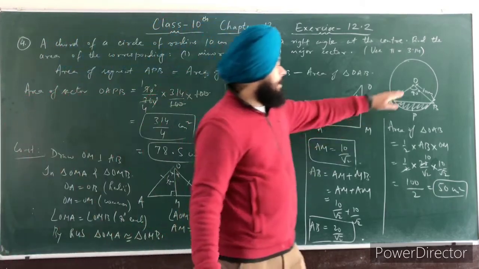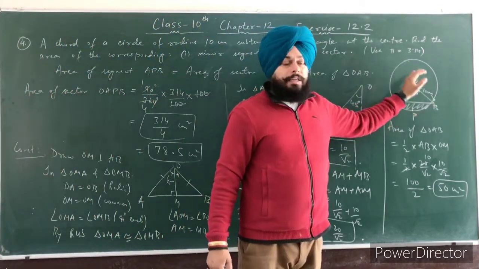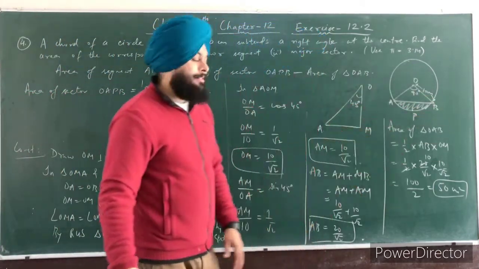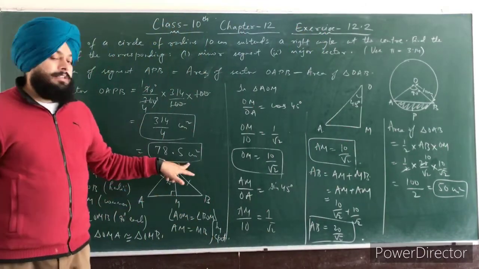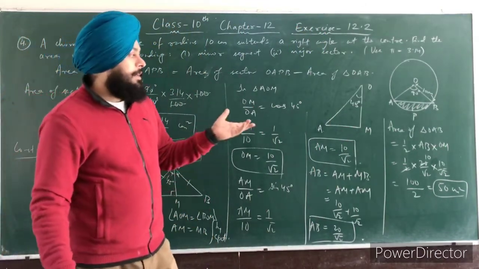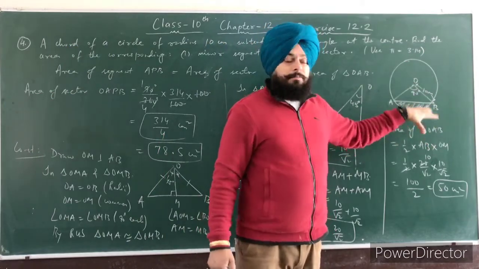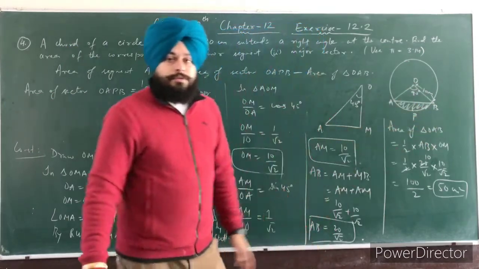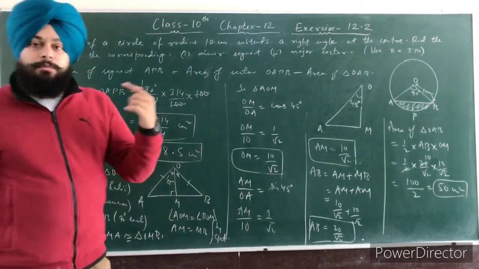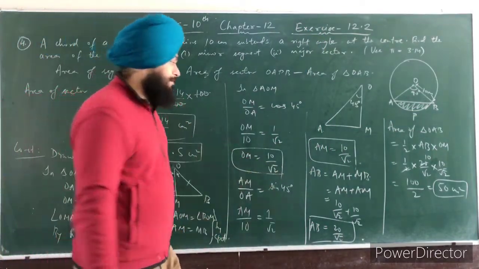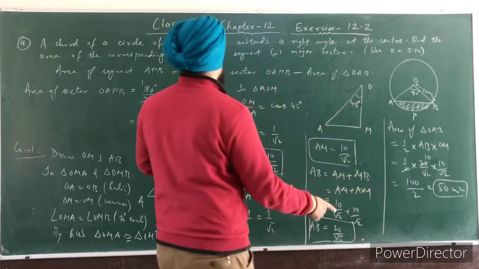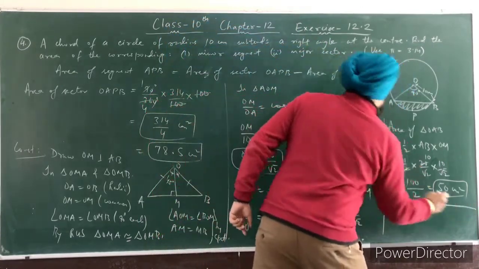The area of this triangle is 50 centimeter square and the area of sector OAPB is 78.5 centimeter square. So what is the remaining area? The remaining area is the minor segment of the circle. So we subtract the area of the triangle from the area of the sector, taking equation number 1.